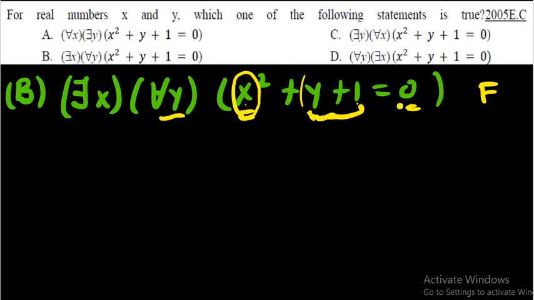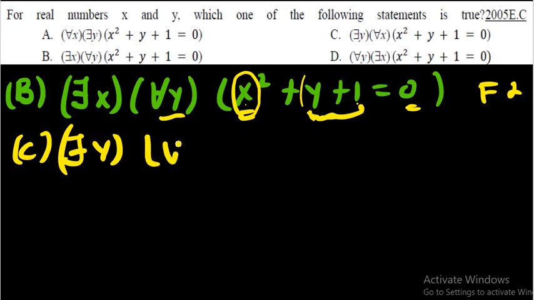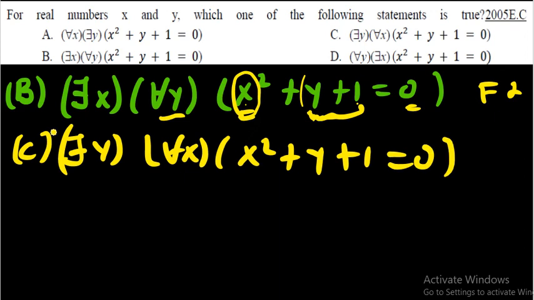Always the sum will be 0. It doesn't work. When you go to choice C, there exists y for all x, x squared plus y plus 1 is equal to 0, the same as that of B. Can you find a real number y here which is added with, for any x, x squared and always will be 0?